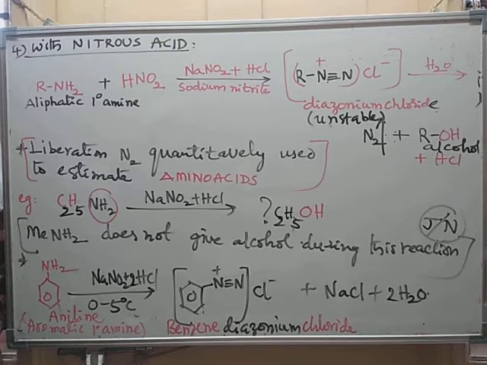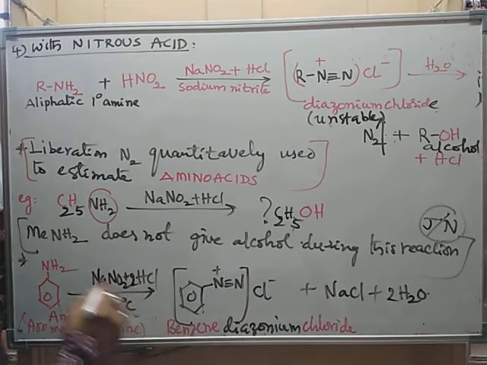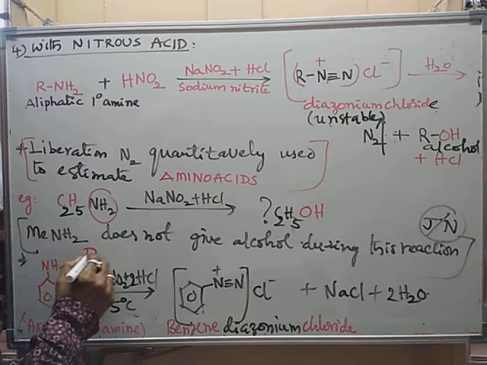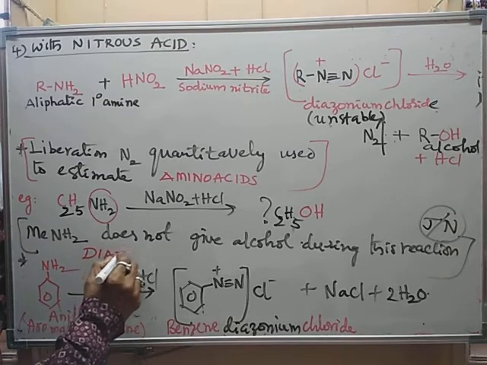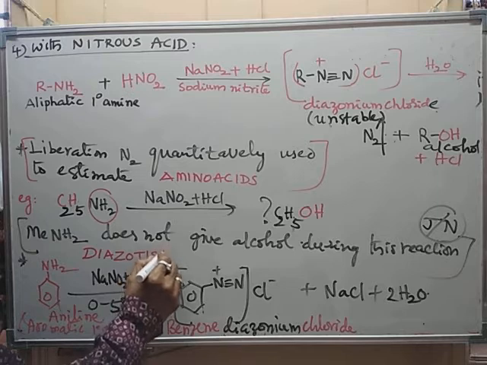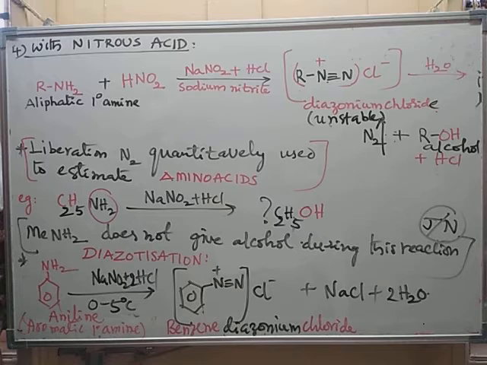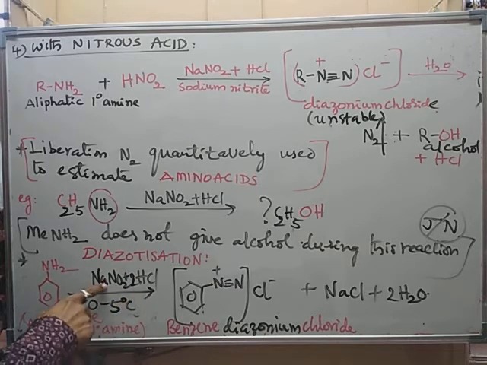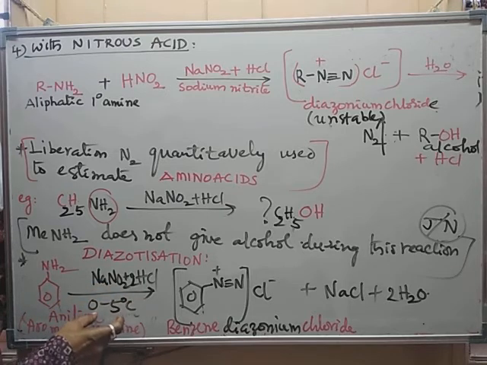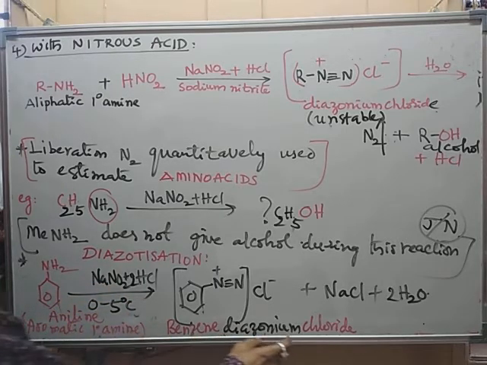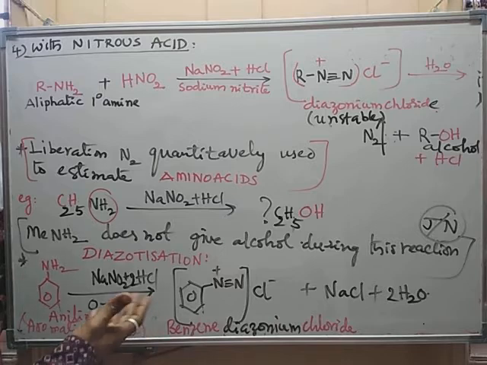And the entire name of the reaction is called diazotization. What is diazotization? Diazotization is the name of the reaction. That is, aniline or aromatic primary amine treated with sodium nitrite and hydrochloric acid at very low temperature forms a stable benzene diazonium chloride, a starting material to prepare many colored compounds which in future are known as diazo compounds, azo compounds.